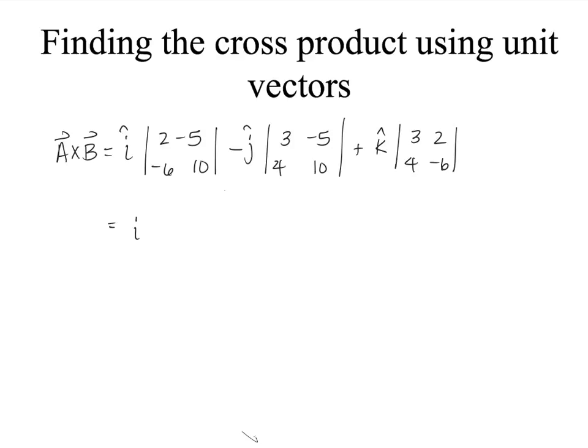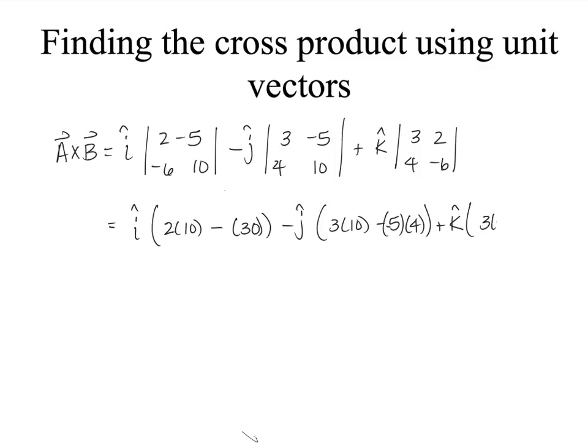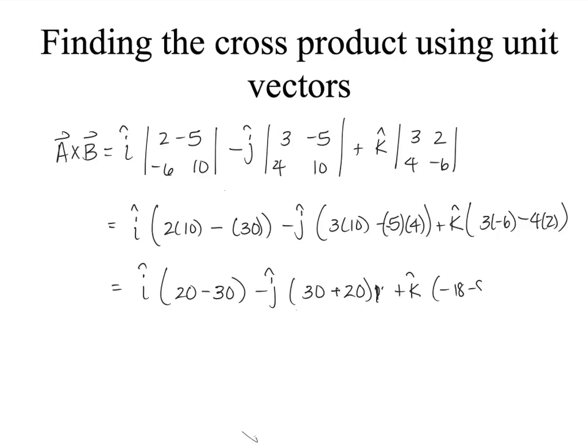And then when we do our multiplication to find the determinant, and if we simplify, we get 20 minus 30 j, you get 30 minus a minus 20, so it's plus 20, and then k is minus 18 minus 8, and so finally if we add the terms together, we get minus 10 i minus j times 50 plus k times minus 26.